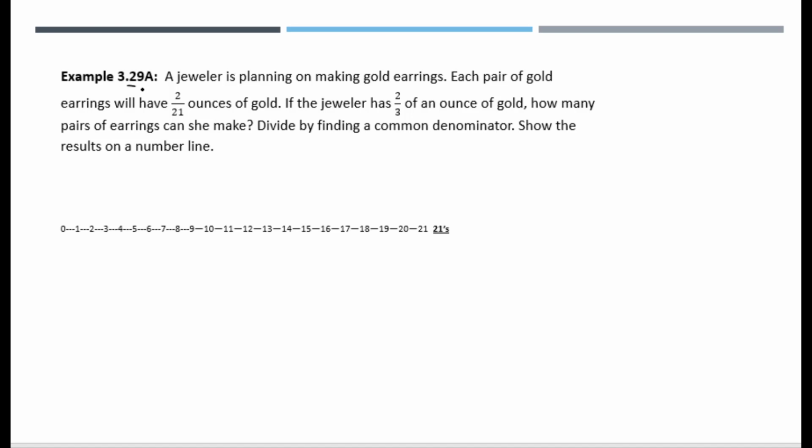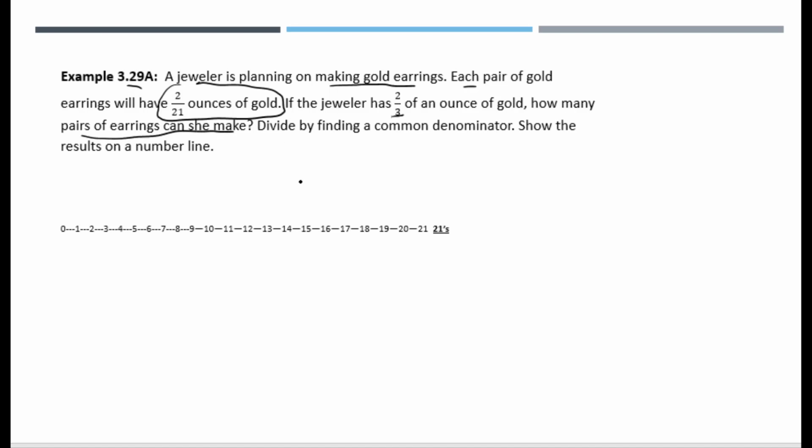So 3.29A, it says a jeweler is planning on making gold earrings. Each pair of gold earrings will have 2/21s of an ounce of gold. If a jeweler has 2/3 of an ounce, how many pairs of gold earrings can she make?